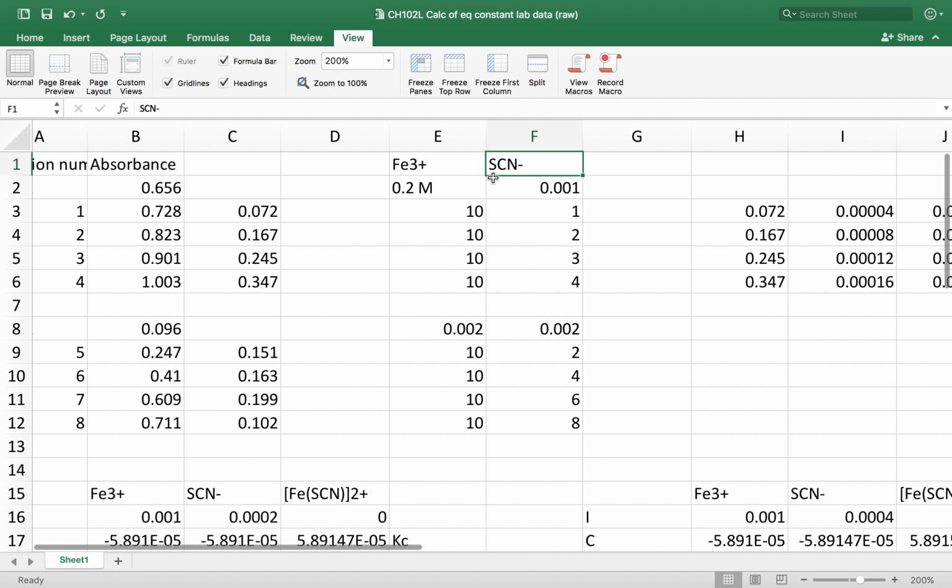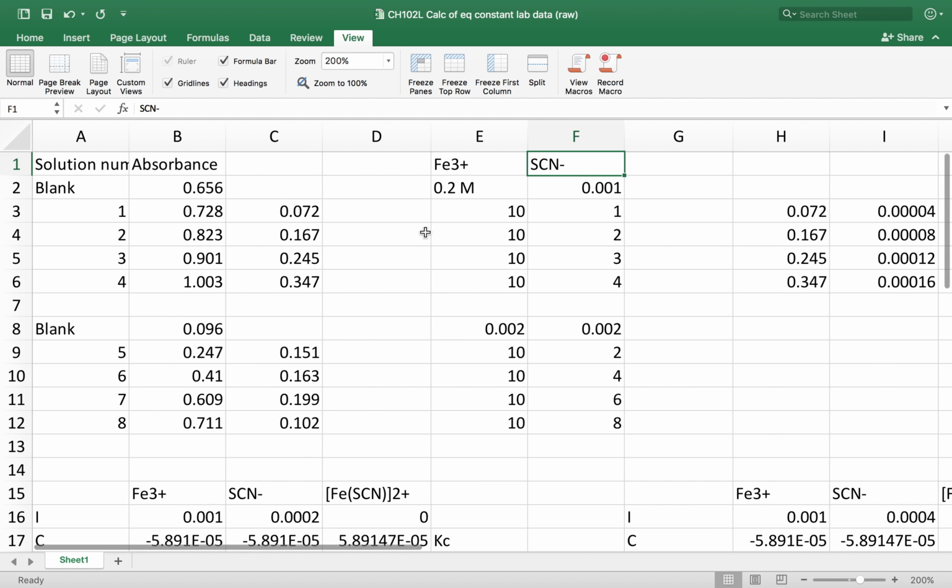So that's what we assume. And basically what we're assuming is that whatever our starting concentration of the thiocyanate ion is, all of this gets converted into the iron thiocyanate complex ion, again because of this Le Chatelier's principle idea.